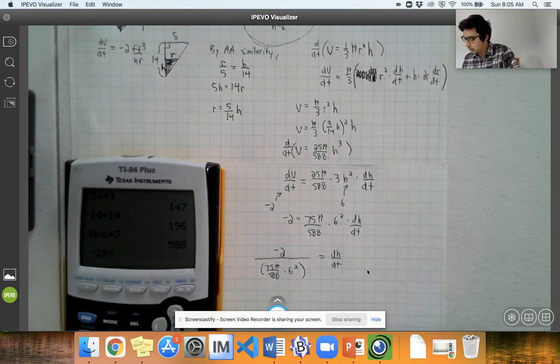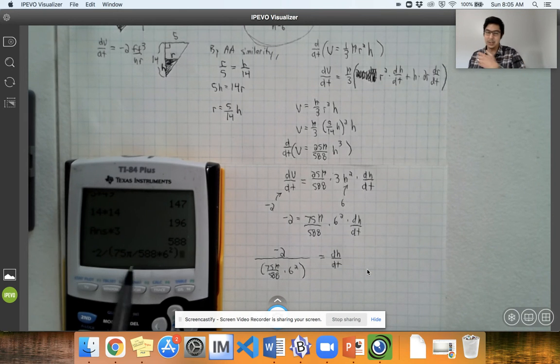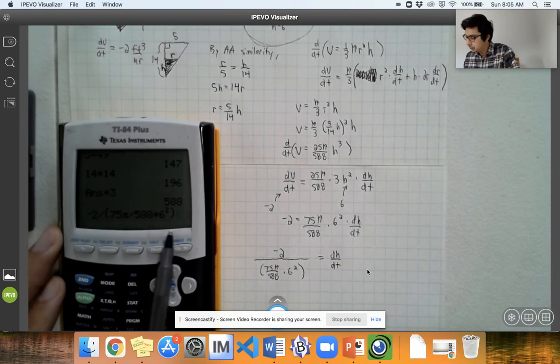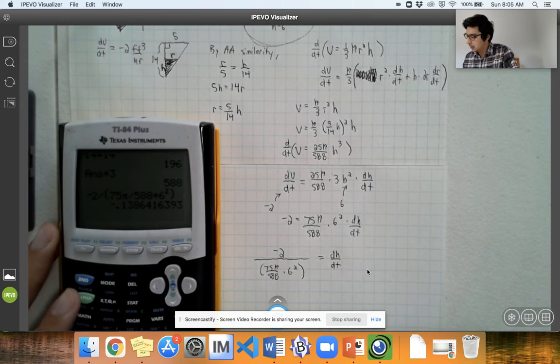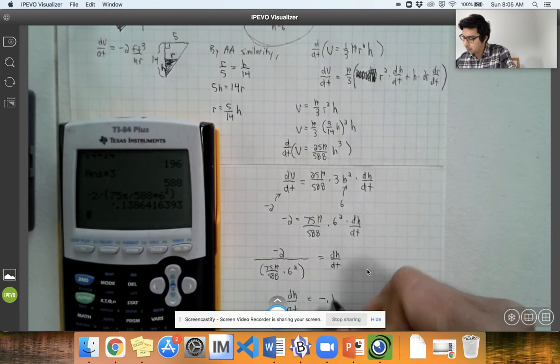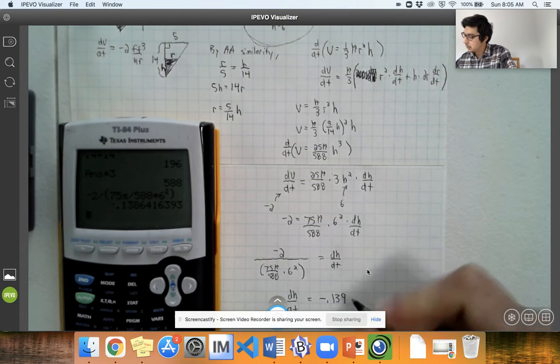It's going to be negative 2 divided by 75 pi divided by 588 times 6 squared. And I know that that's okay because multiplication and division order doesn't necessarily matter. What I get here is dh/dt is equal to negative 0.139. Height is in feet, so feet per hour.